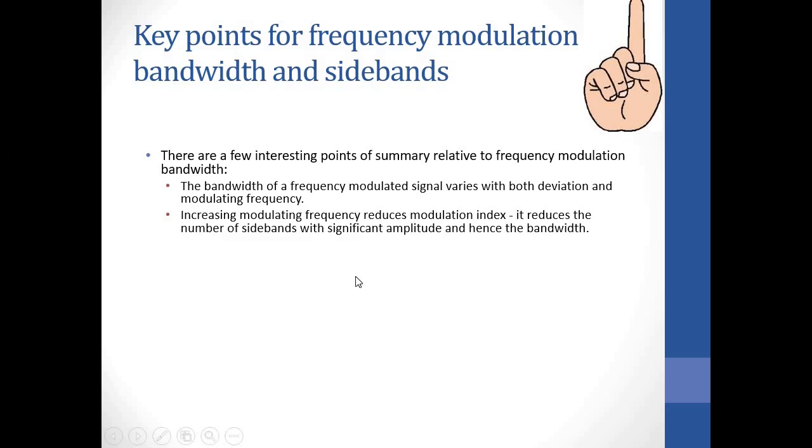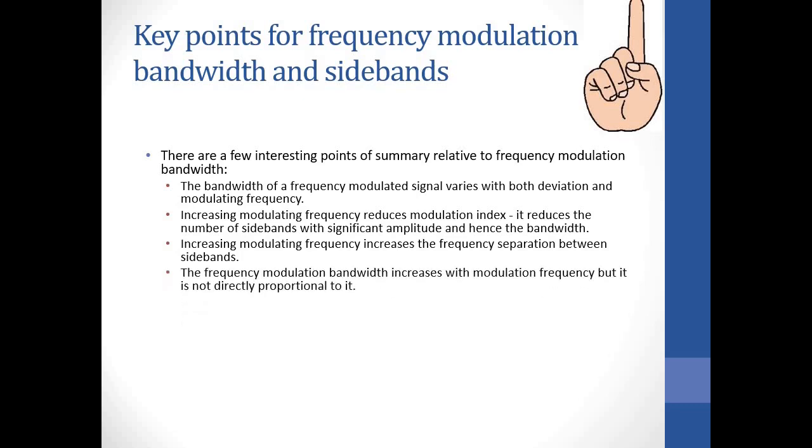So an increase in FM reduces your modulation index, therefore reducing your sidebands. An increase in modulation frequency increases the frequency separation between the sidebands. Remember, the difference between one set of sidebands and the next is equal to FM. The frequency modulation bandwidth increases with modulation frequency, but it is not directly proportional to it.